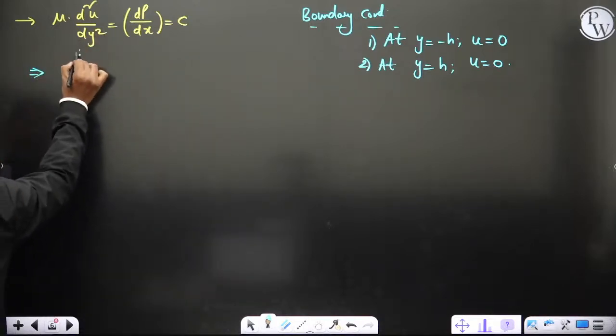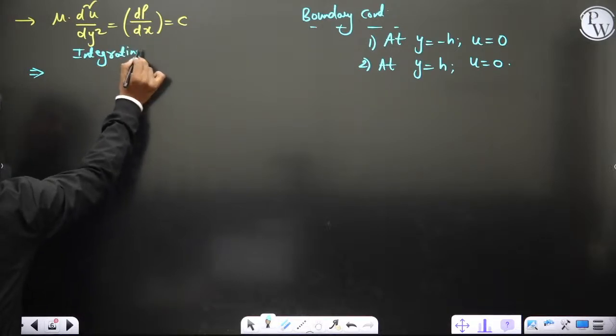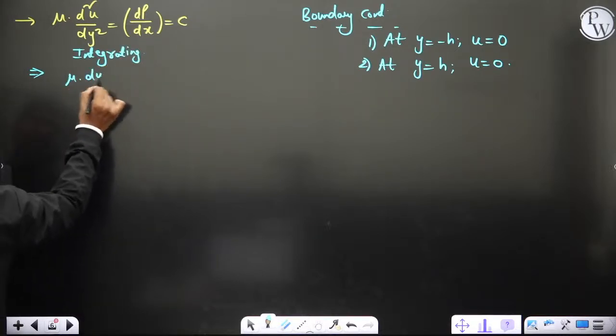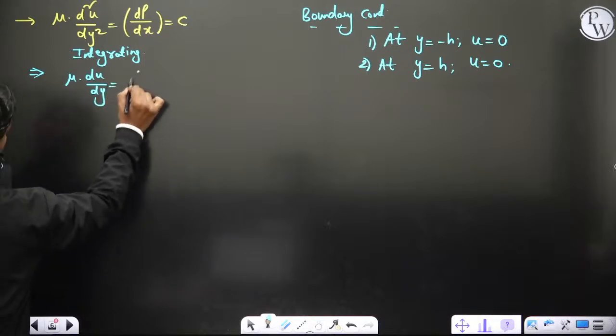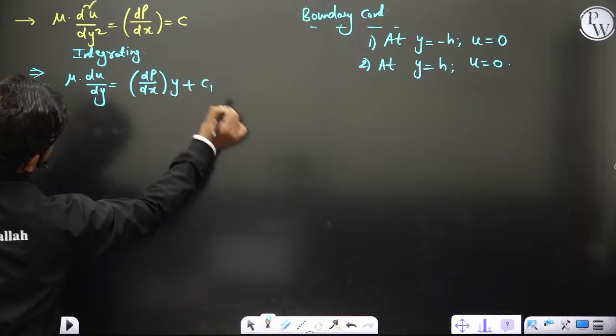If you integrate, this is mu into du by dy is equal to dp by dx into y plus some constant c1, correct?